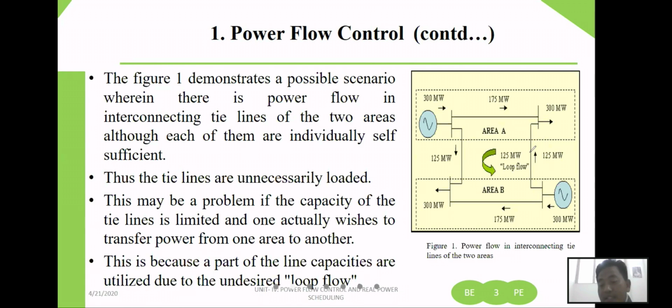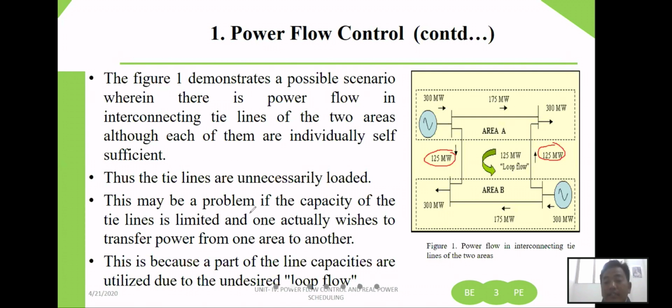Now we are making this tie line to share 125 megawatt each, so this tie line has become unnecessarily loaded, right? I have made it this way just to make you clear why we have to control. Now we'll see how to control it. But in such a case, the tie line has become unnecessarily loaded.